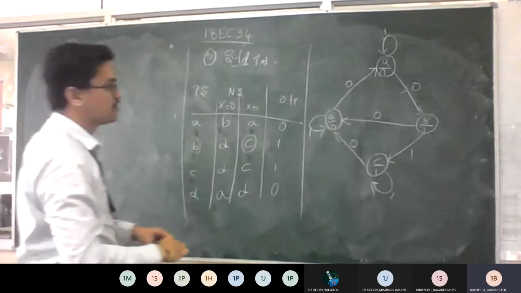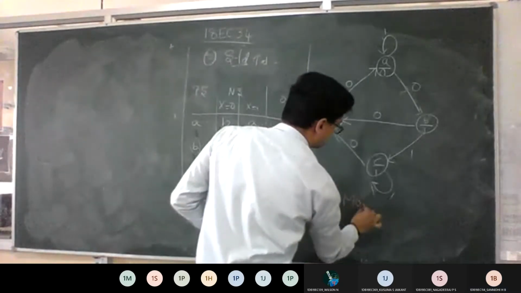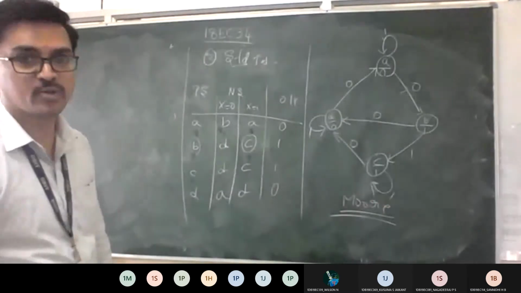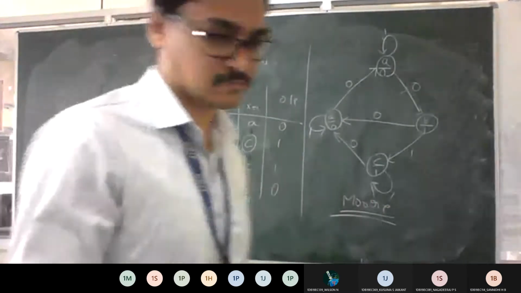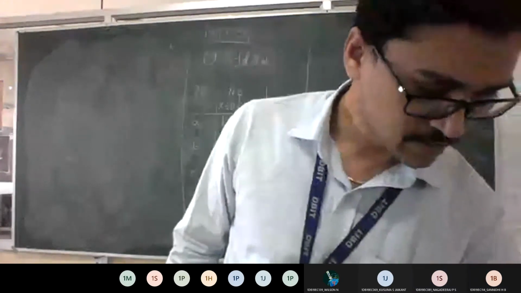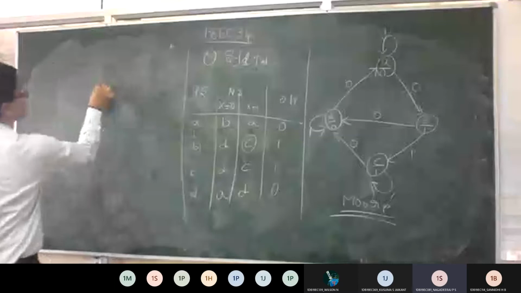Whatever diagram I wrote is for your Moore. Tell me how many state variables? Is it 4? Okay. So state variables A, B, C, D.